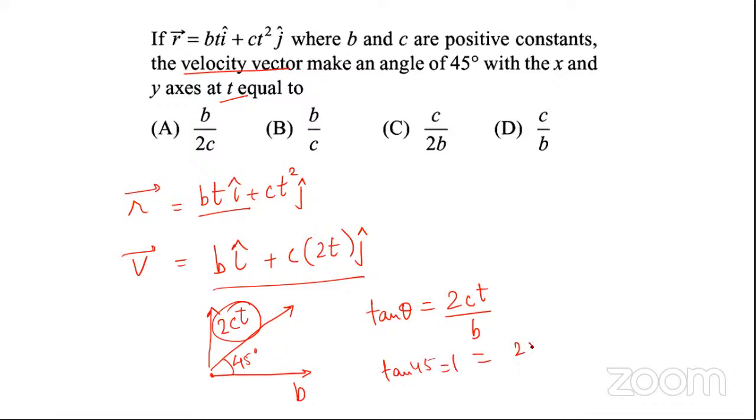That will be equated to 2ct upon b. That gives us t equals b by 2c. That is option A. Did everyone understand? Yeah.